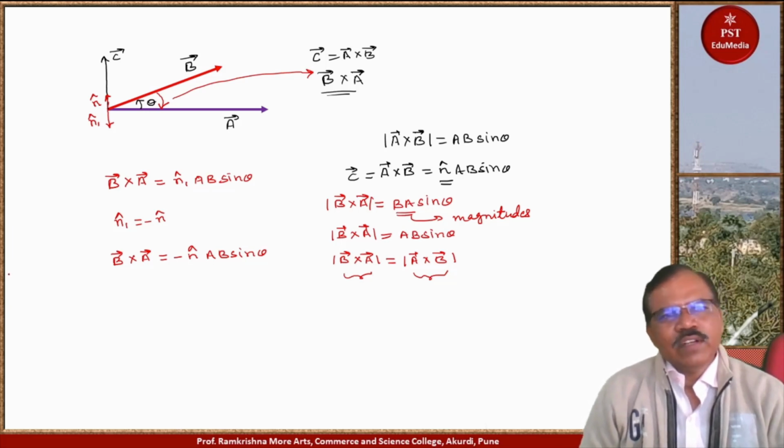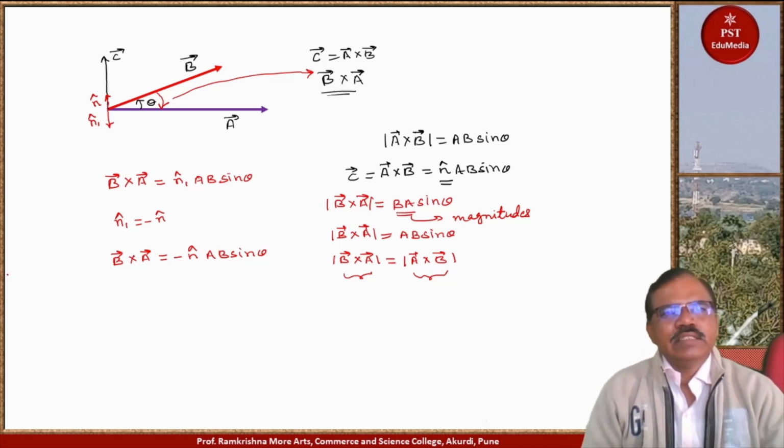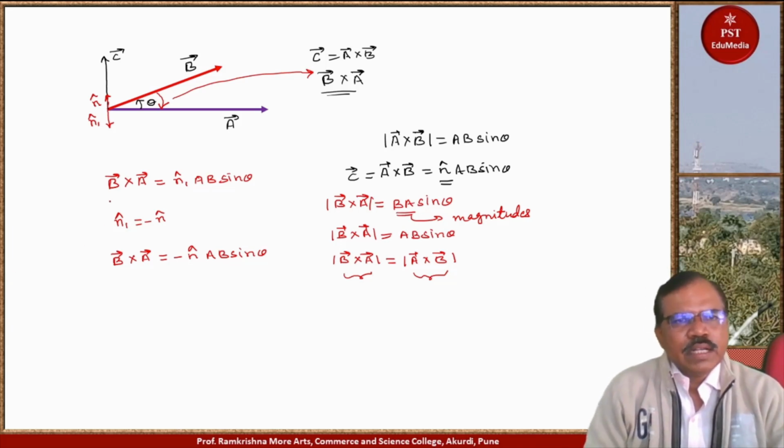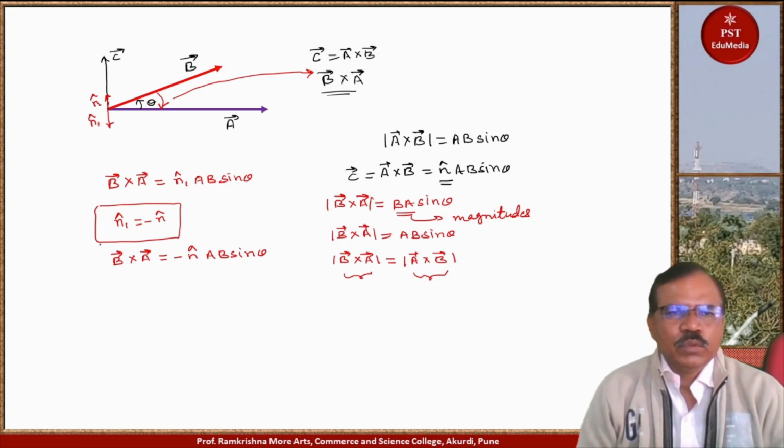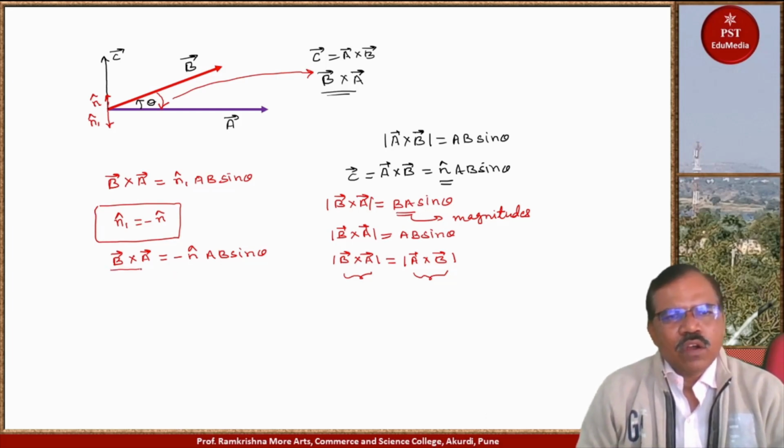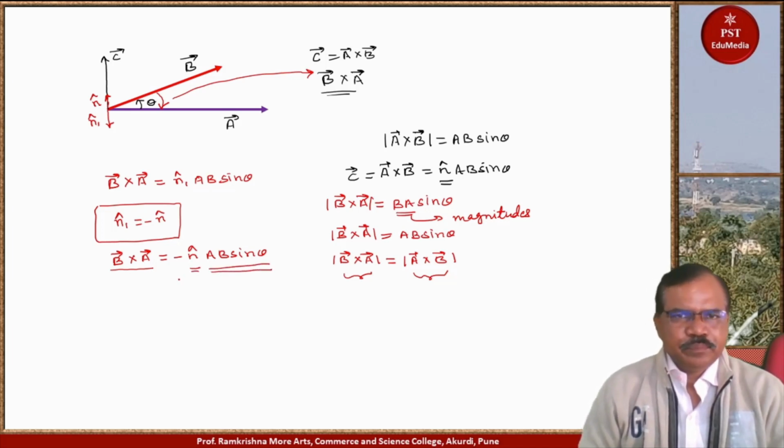Now here n1 is also perpendicular to A as well as perpendicular to B, but n1 is opposite to n. So we get B cross A is equal to minus unit vector n AB sin theta.